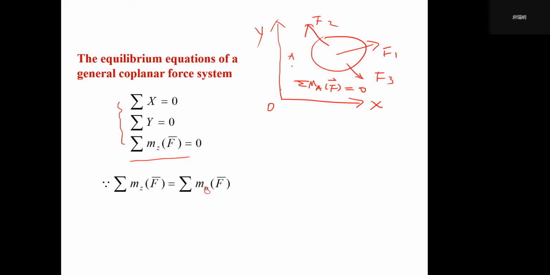Why? Because this x and y is just a reference coordinate system. It is an aided coordinate system selected or built by ourselves. We can select any point we like to build this coordinate system without changing the state of the object.